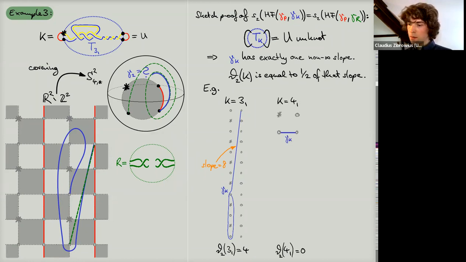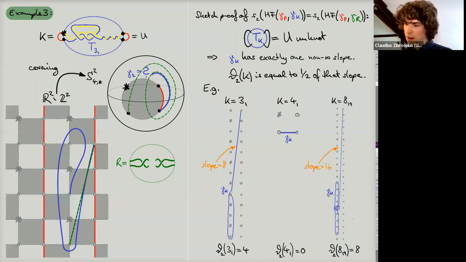For the figure 8 knot, the multicurve invariant looks very simple, just this simple interval, like the invariant for the trivial tangle. For the 3-4 torus knot, the theta invariant is 8, and there the curve looks like this. It's a bit small, but the slope is 16, and then the curve does something complicated in between.